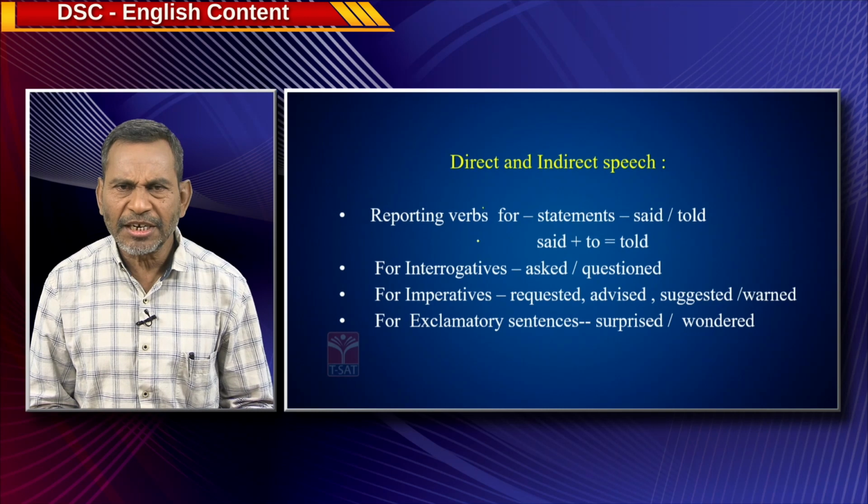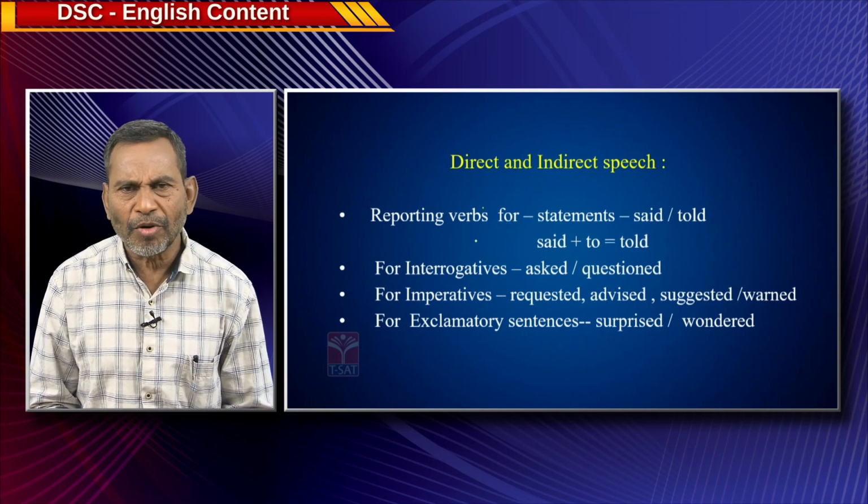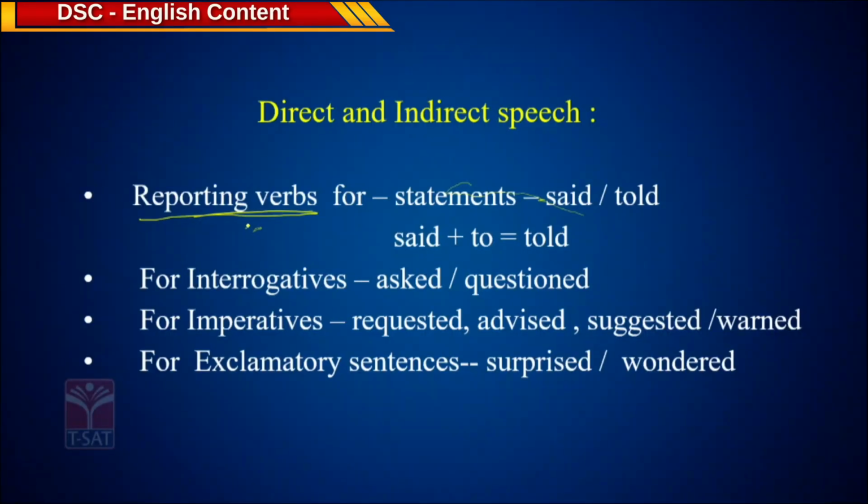For all these kinds of sentences, we can change a given form from direct speech into reported speech or indirect speech. For all these cases, one thing is very important, that is the reporting verb. All this whole thing is based on the reporting verb.